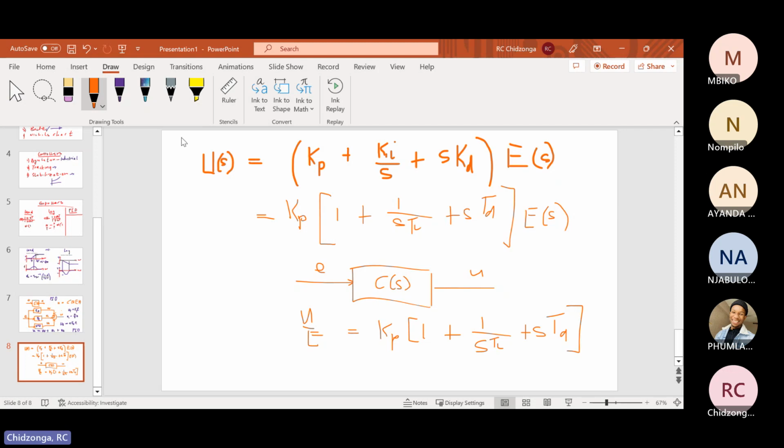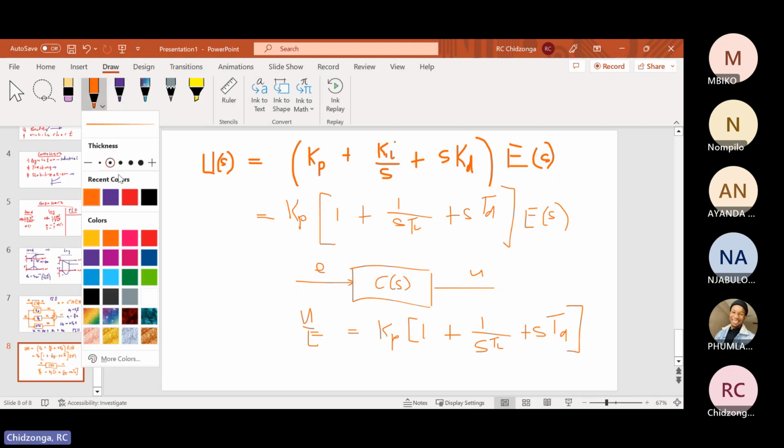Now, of course, it's not difficult. It's just a matter of maths, right? You might ask, what is the relationship between Td and Kd? Here we had Kd. If you bring this Kp inside the bracket, then if you take this one term, according to this formulation, this S term is going to be S times Td times Kp.